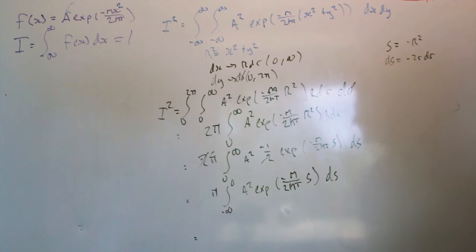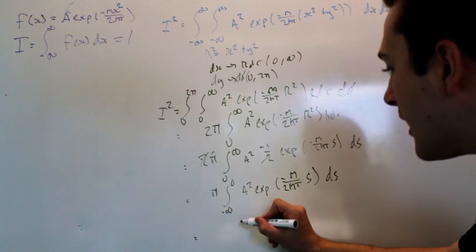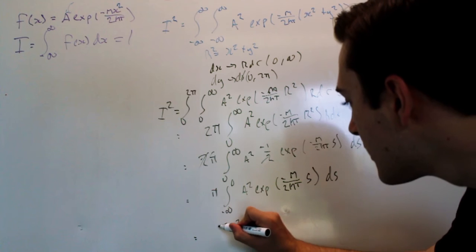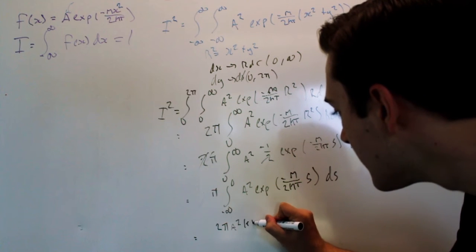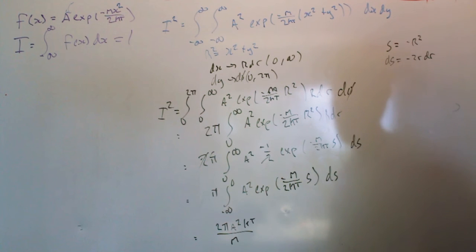And now this is actually pretty easy to integrate. And so finally what we end up with down here is a squared, pi a squared 2kT on m. There should be a negative, shouldn't there? Should there be a negative? No. No? You sure?